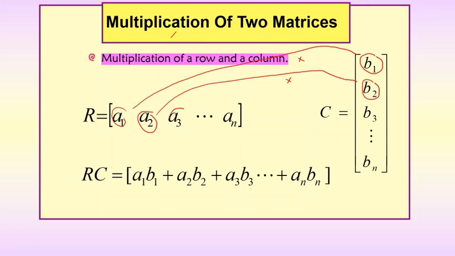Next, the third element of the row must be multiplied with the third element of the column. The multiplication must be between a row and a column. So this is the final solution that we can get, the result.